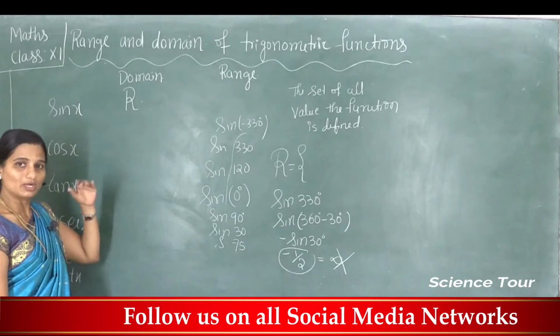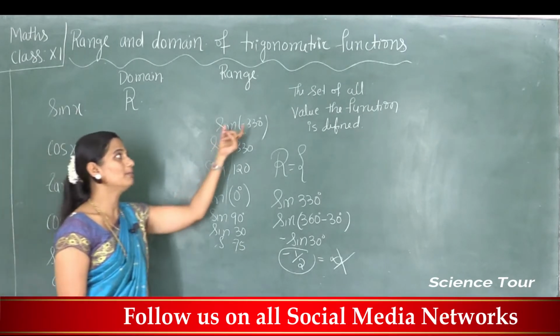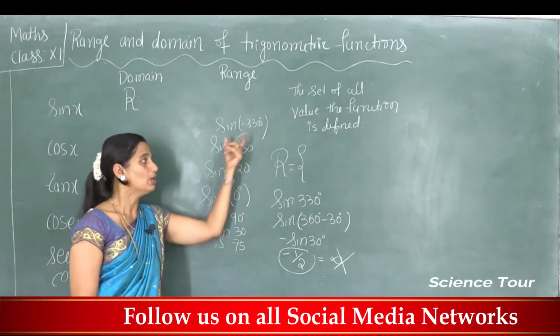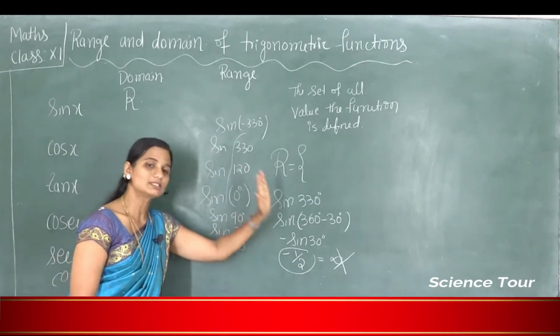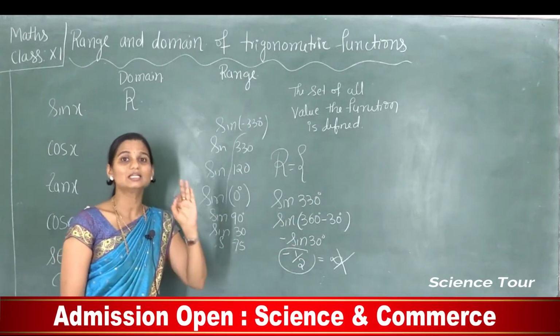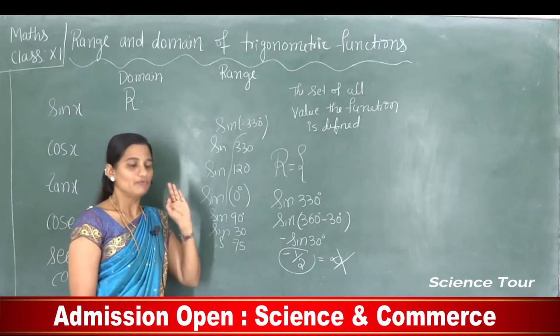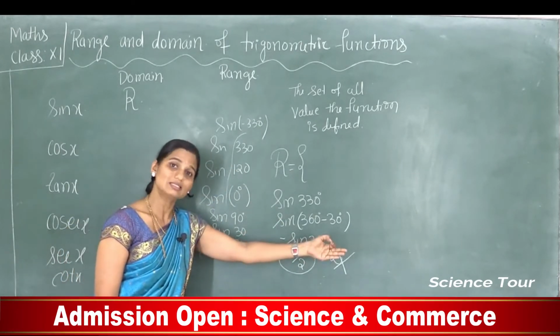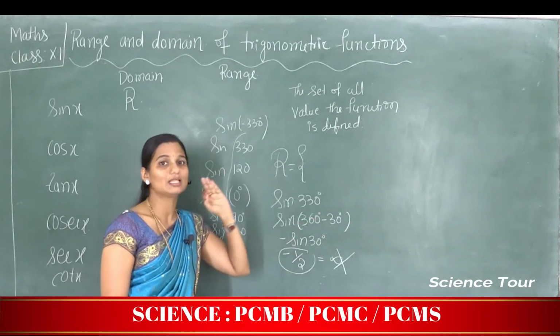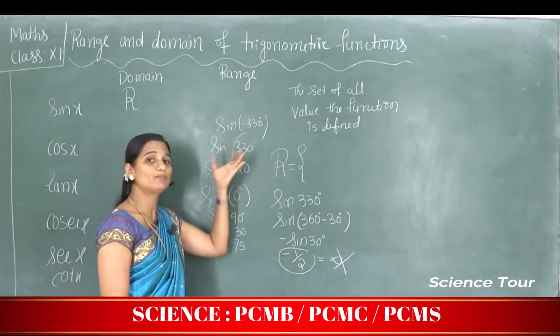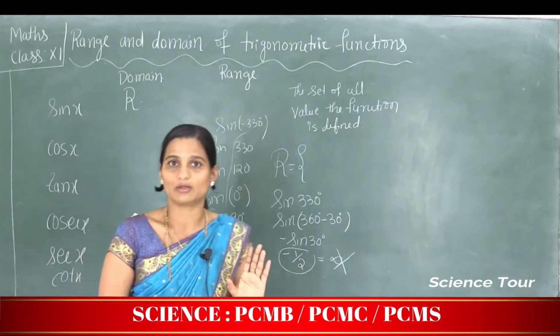Whatever the angle, in terms of radians or degrees, the function is defined. The function is defined means we don't get the answer as infinity. If you get infinity, then at that point the function is not defined.